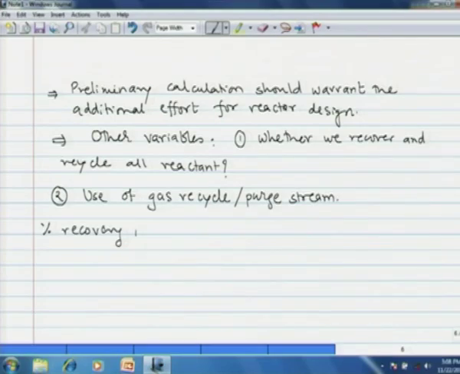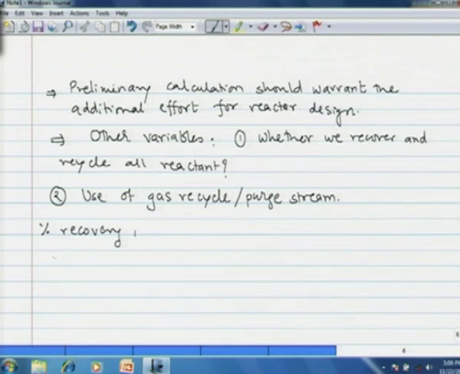Now, this excess will most of the time be defined in terms of molar ratio to the limiting reactant, and this decides the amount of unreacted gas that will come out along with the inerts. And then we have to decide what fraction of this unreacted gas will form the recycle stream and the remaining purge stream. So, the composition of the gas recycle and purge stream is another variable that comes into picture.